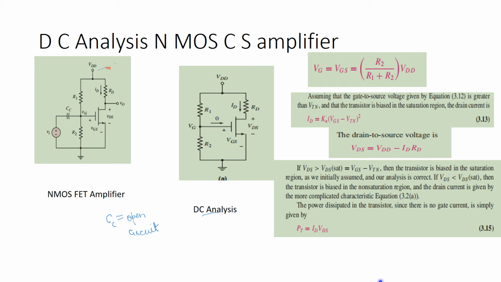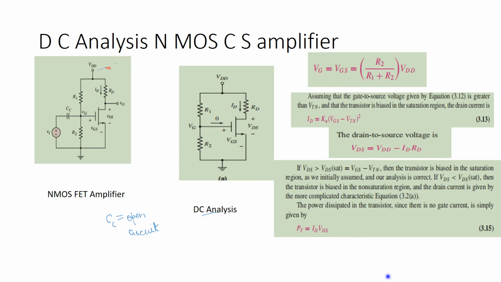So when VDS is made greater than the saturation voltage from drain to source, which is given by VGS minus VTN, then the transistor remains in the saturation region.